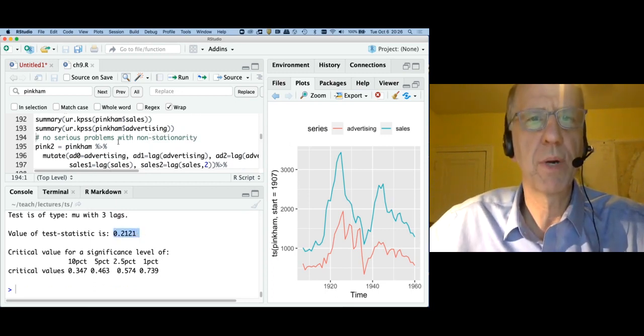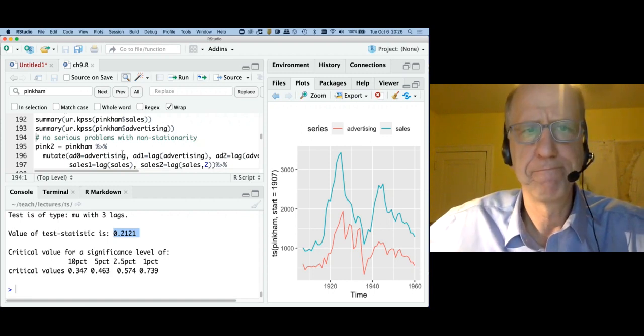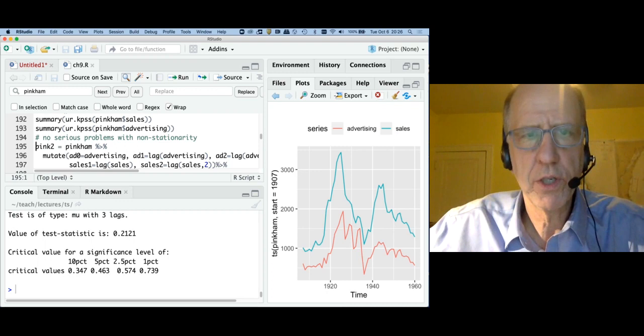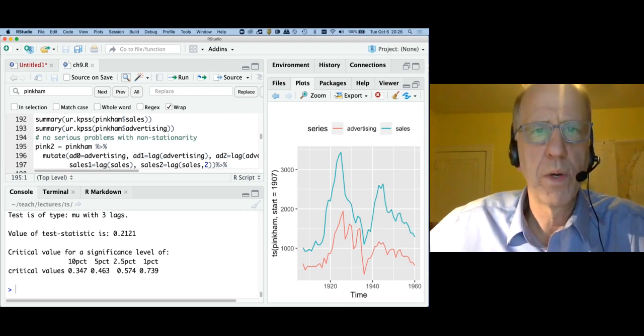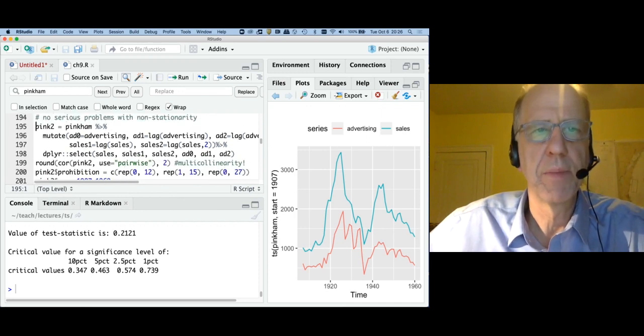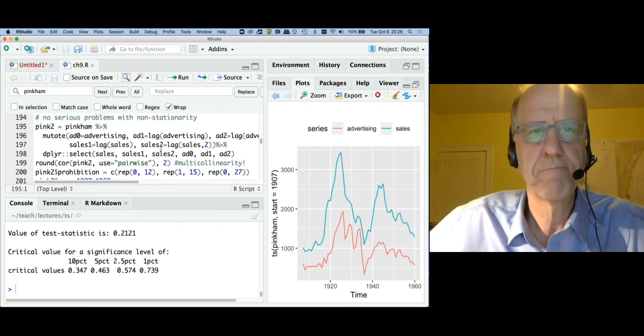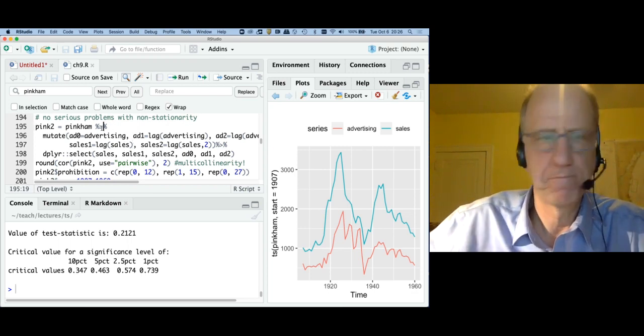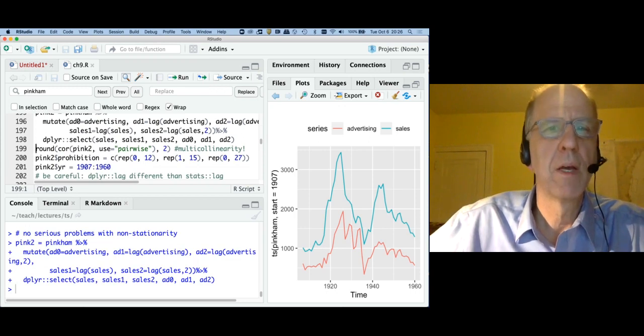So no serious problems with non-stationarity. The next thing I want to do is create a new version of this data set with various lags. So what you'll see here is I'm going to create a couple lags for advertising, and I'm going to create a couple lags for sales as well. So let's go let that run.